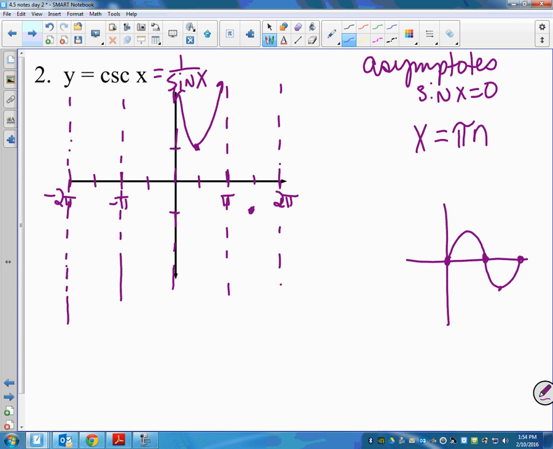But instead of being that bottom half there, I'm going to flip it over. I didn't label it, right? If you don't label it, it means it goes by 1, just going up to 1 and negative 1.